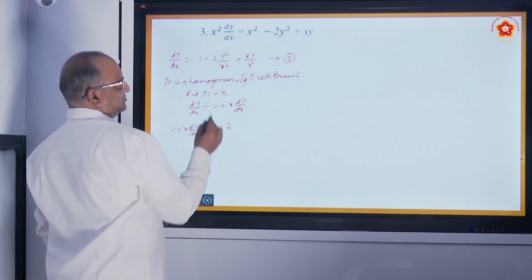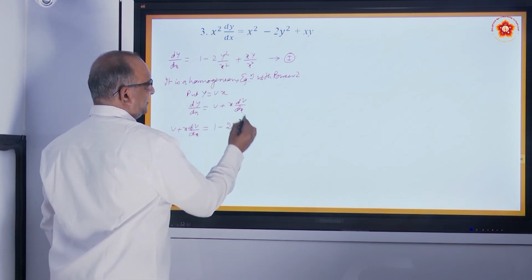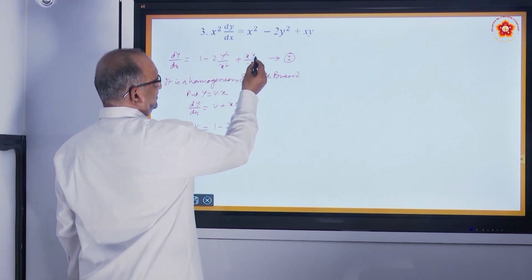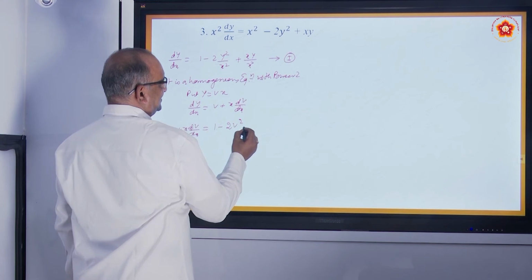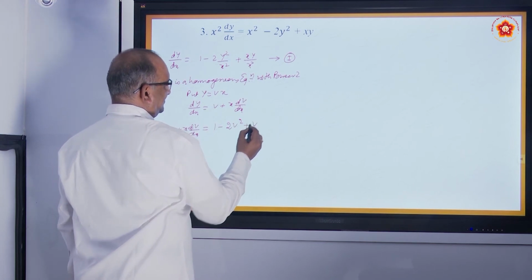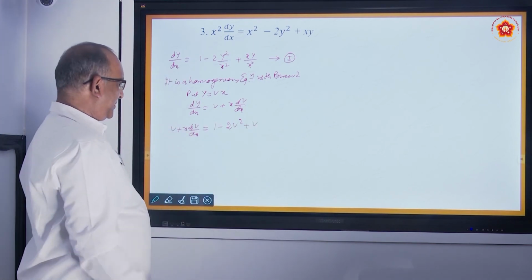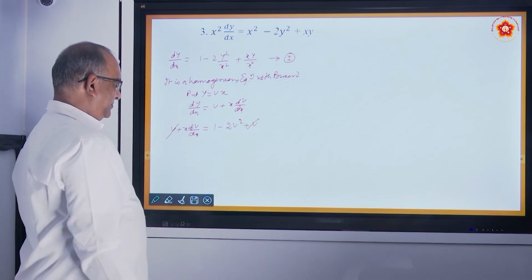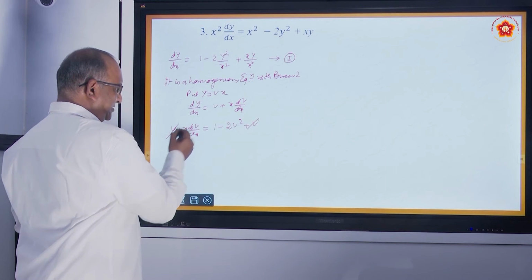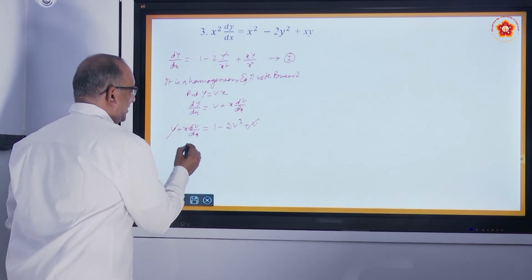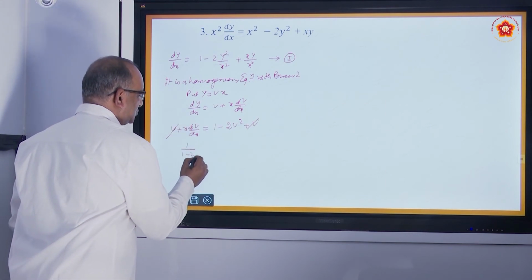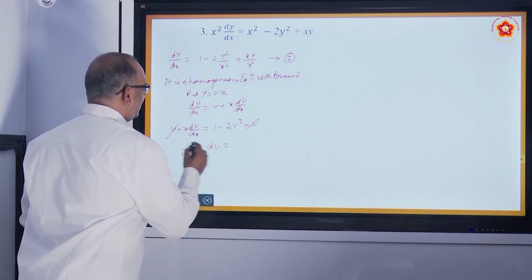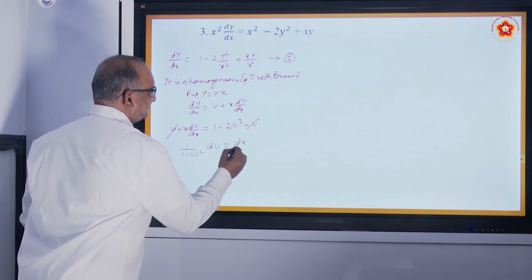So it will become v square x square, or in other terms 1 minus 2 v square. Here if you substitute vx, x square will get cancelled and you will get plus v. This plus v and plus v can be cancelled. Get this 1 minus 2 v square this side. It will become 1 upon 1 minus 2 v square dv equal to dx by x.